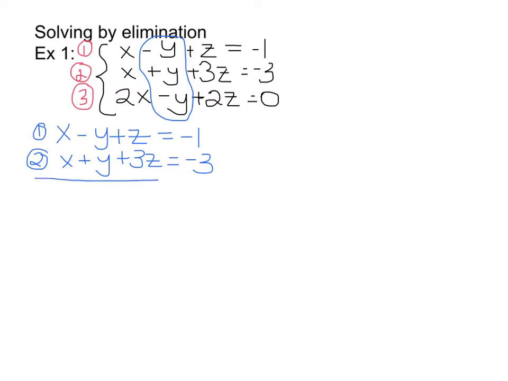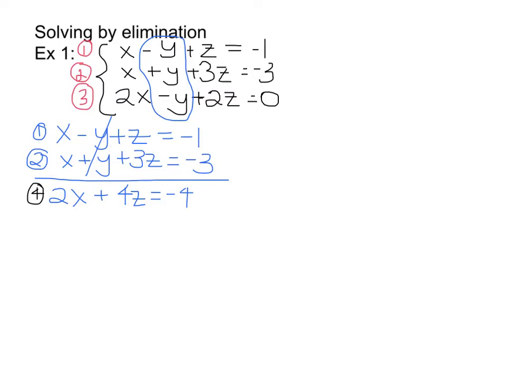So I add x plus x, which gives me 2x. The y's cancel out. 3z plus z gives me 4z. And -1 plus -3 gives me -4. So this is now your new 4th equation. And the good news is it now only has 2 variables in it as opposed to 3.